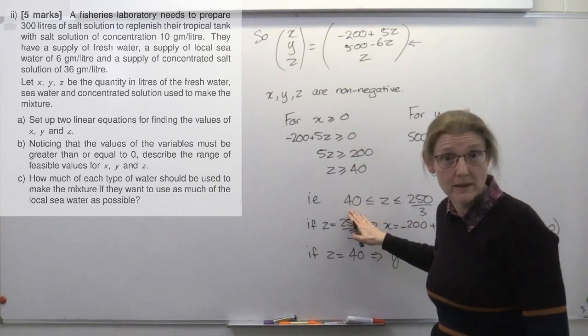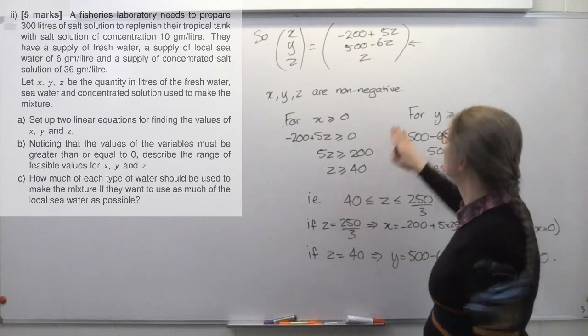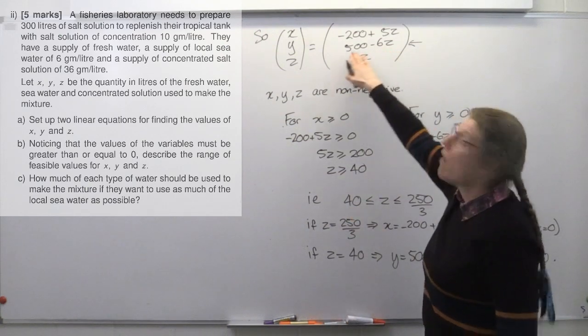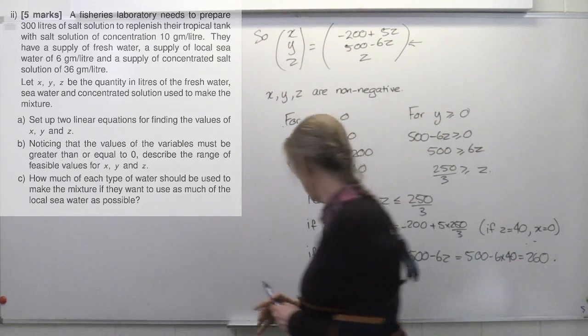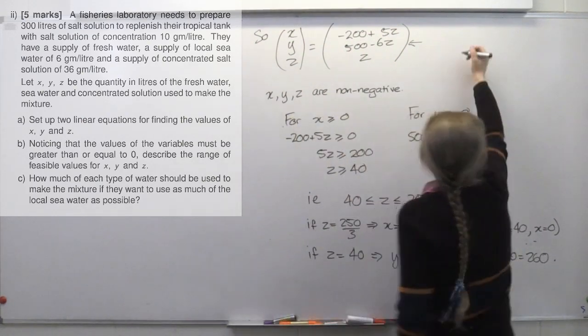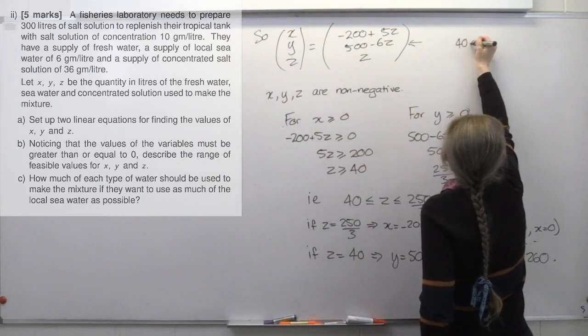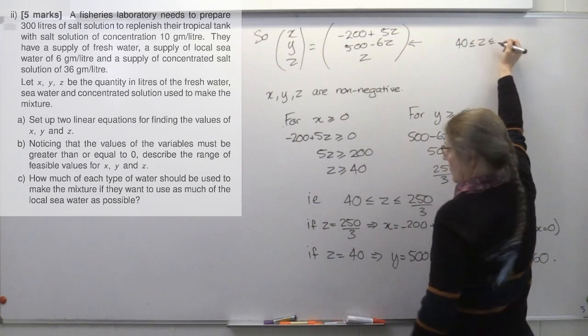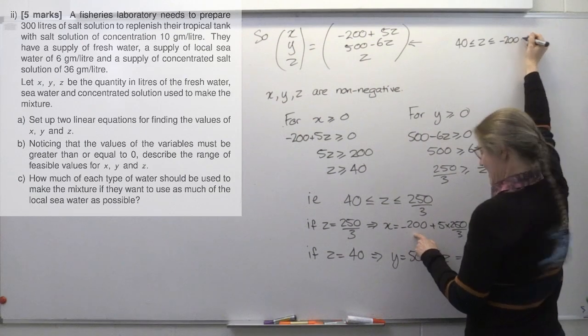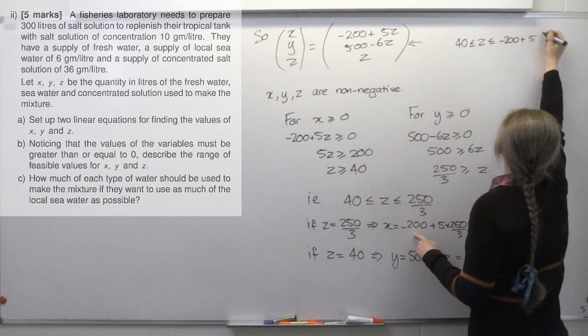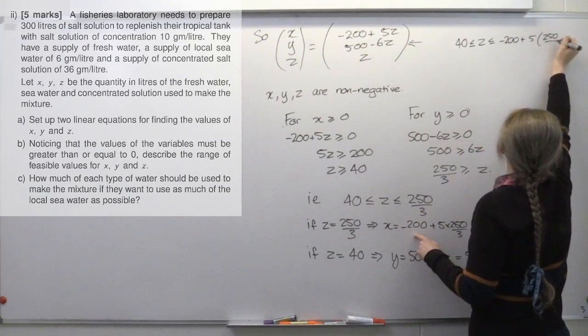That's the lower end of its range. So if z is 40, y is going to be as big as possible. Okay, so I'm just going to write the range. So 40 is less than or equal to z is less than or equal to, here we go, minus 200 plus 5 times 250 on 3.